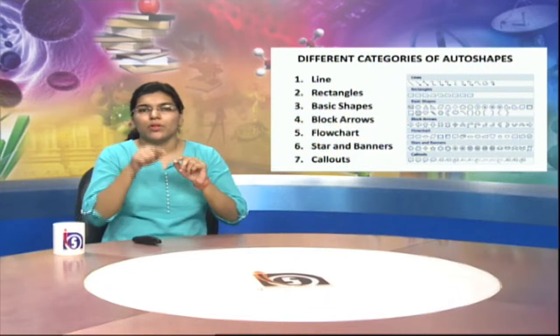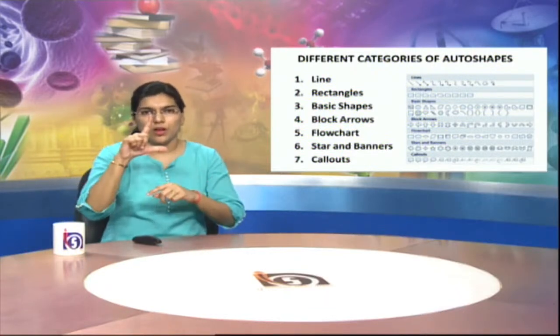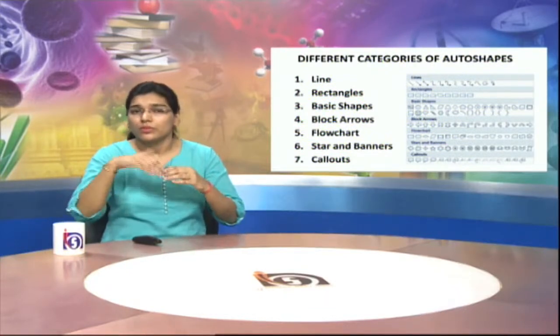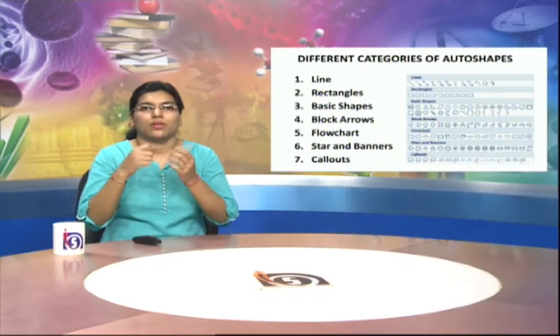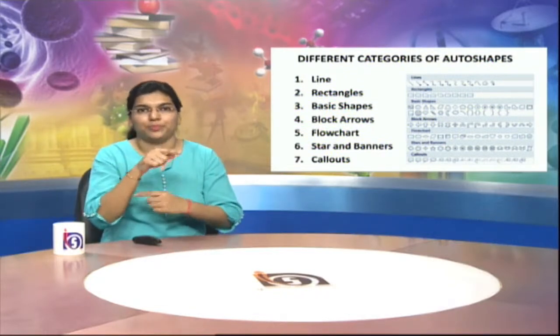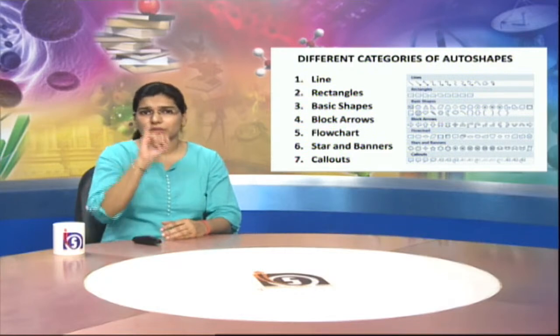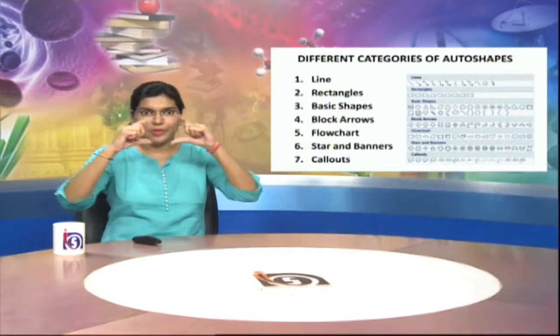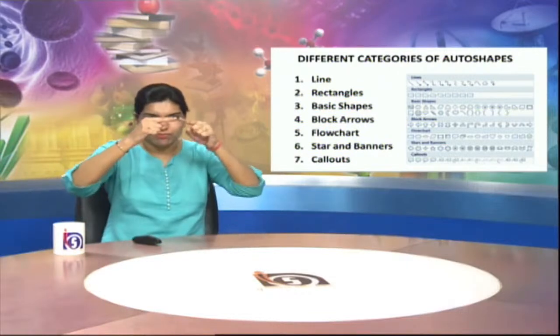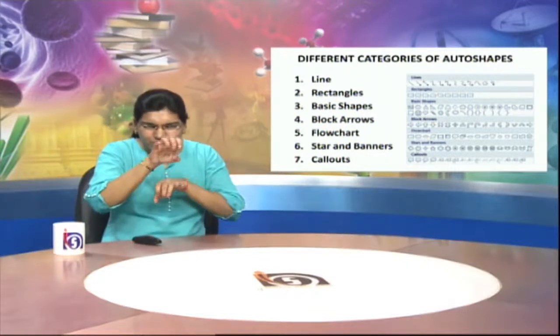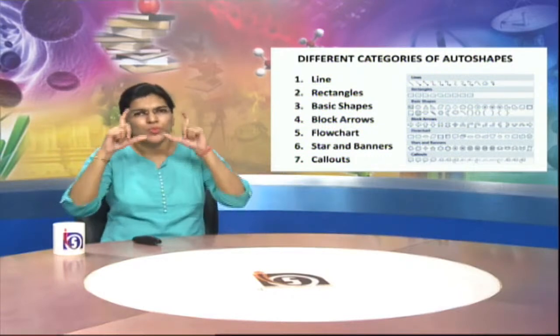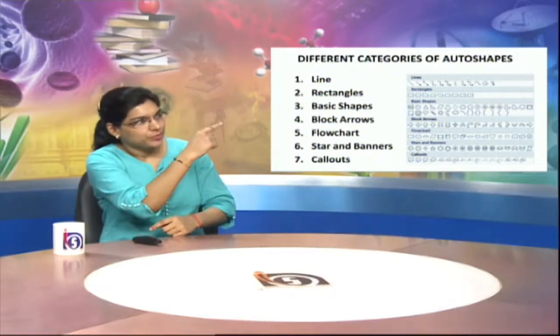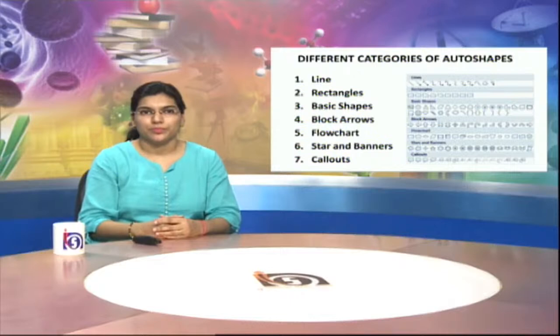When you make any flow chart, you use these symbols. This is FLOW, flow chart. And then sixth word is stars and banners. You use different shapes. That also you can see on the picture on the screen.